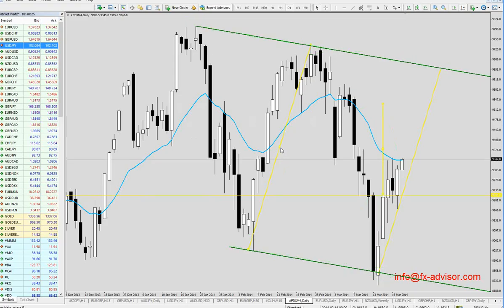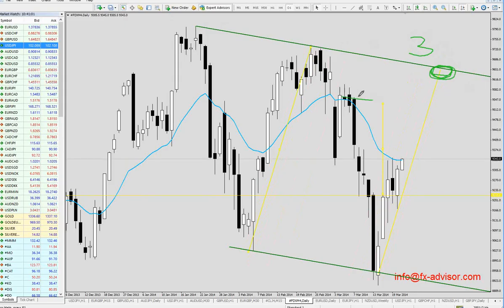The second thing, I simply make the measure of this pullback, and I put this line here, right? Can you see? Yeah. So I already know that my selling point is on the third attempt to the channel.